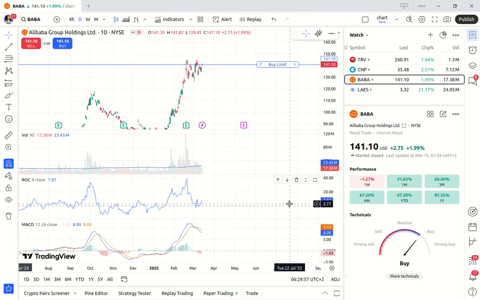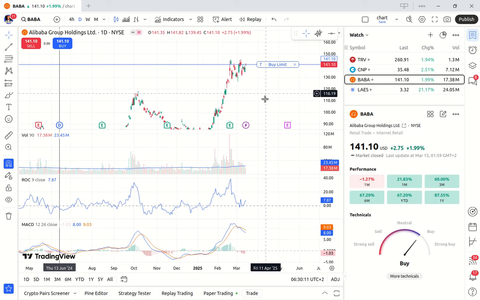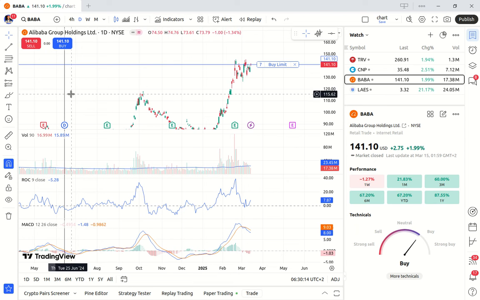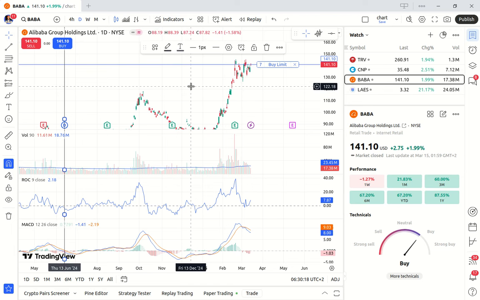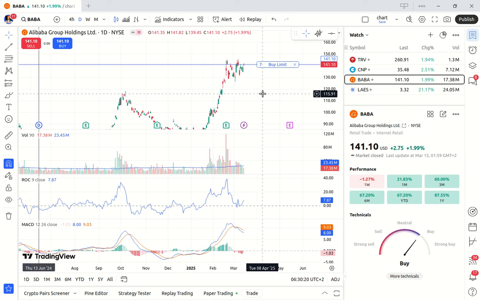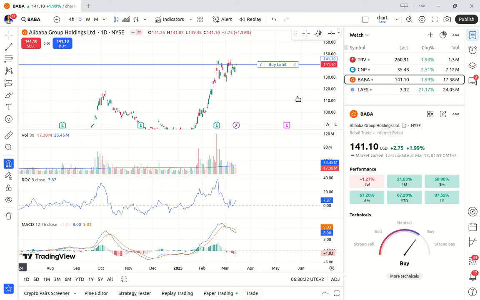I want to show you how I am studying these stocks and how I am looking at them. So, looking at Alibaba, the first thing that I took note of with Alibaba was using TradingView.